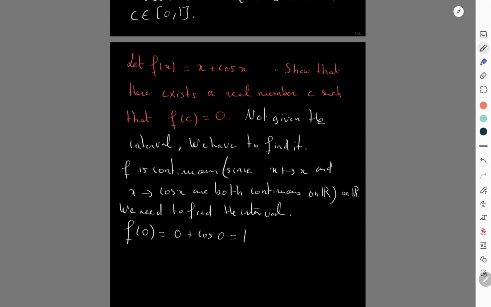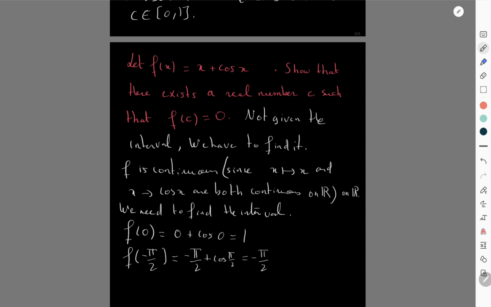Now let us try to find a number at which f is negative. I mean, let's try to look at this. Here, technically, if I plug in minus pi over 2, what happens? I get minus pi over 2 plus cosine of minus pi over 2, which is minus pi over 2.